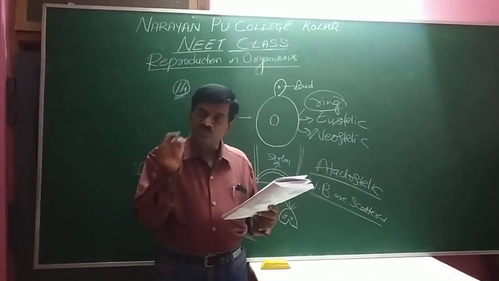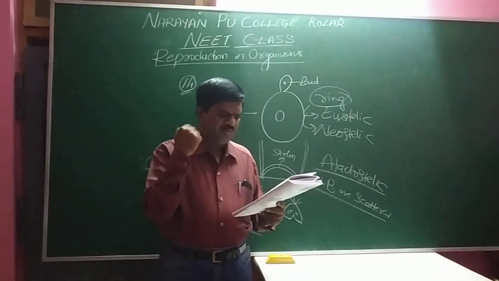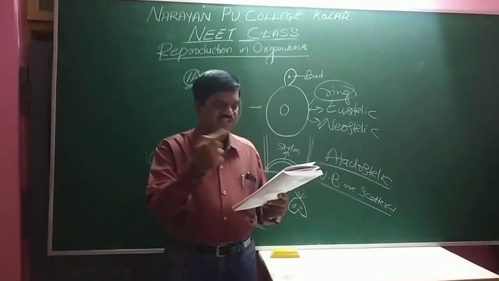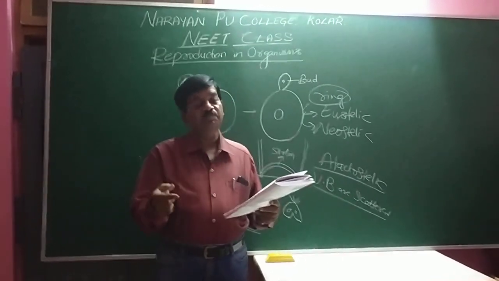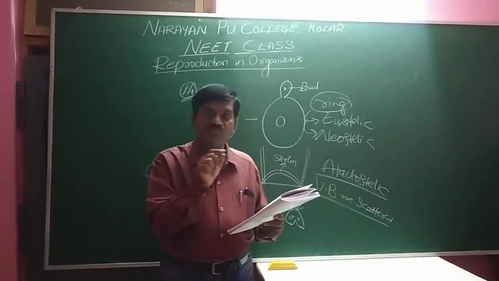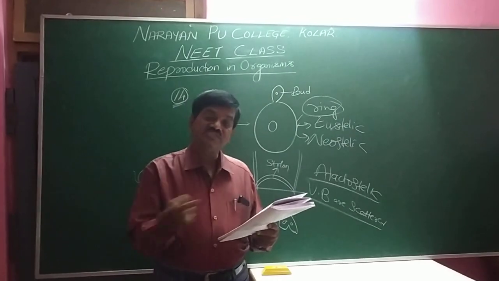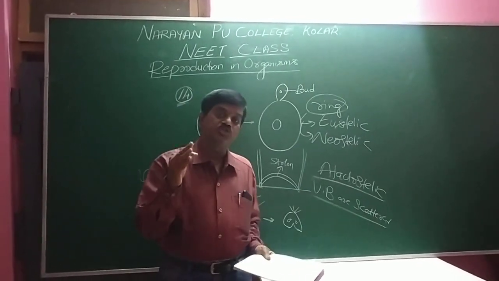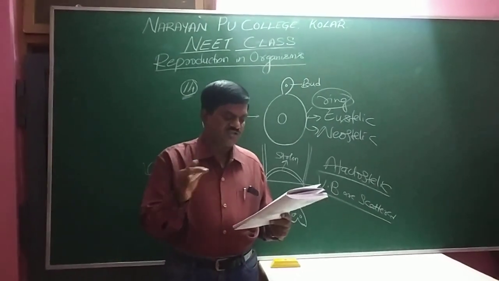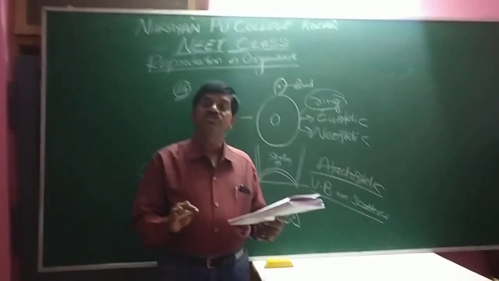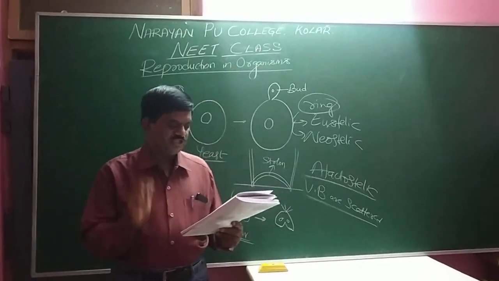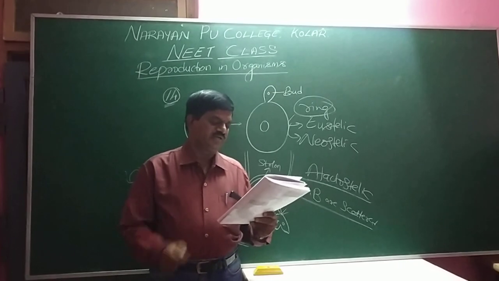So here the word before is wrong. It should be replaced with after. Once it is replaced with after, the statement may be right. So events before the zygote is produced should be called pre-fertilization, not post-fertilization. So this statement is wrong. Third statement is wrong. We'll go for the fourth statement.